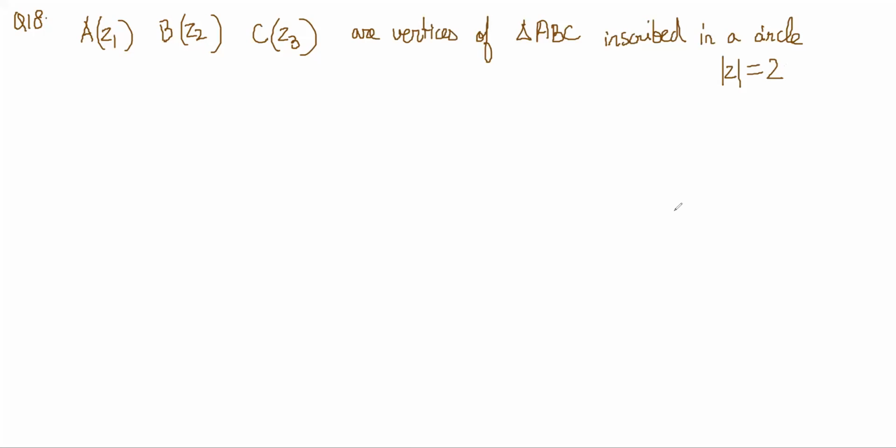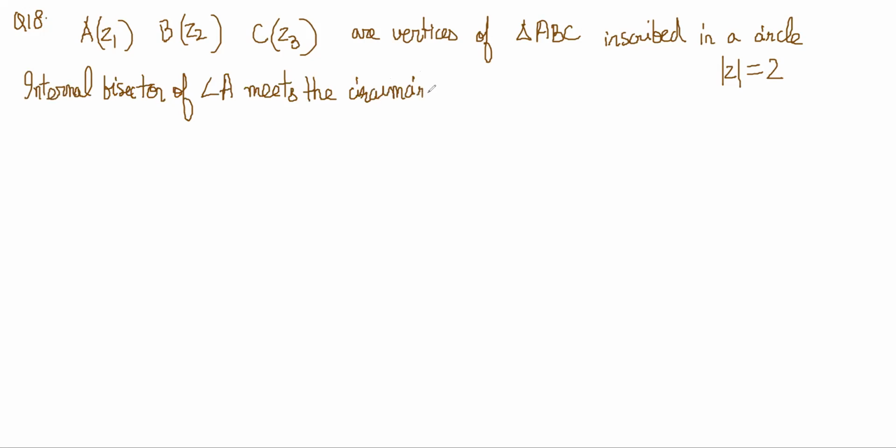The internal bisector of angle A meets the circumcircle again at point D, Z4.